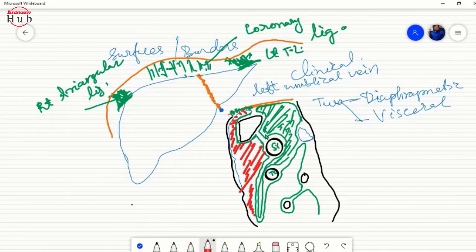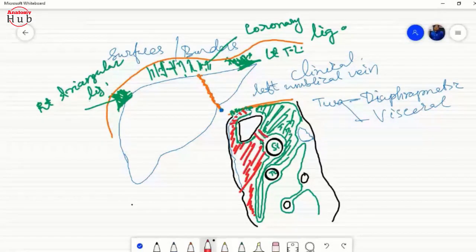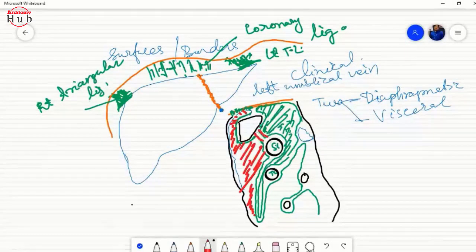Now here you can see that from the liver to the stomach there is a double layer of folds, connected from the inferior surface of the liver to the stomach. So here it forms a ligament, right? What do you mean by ligament?